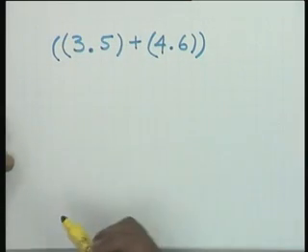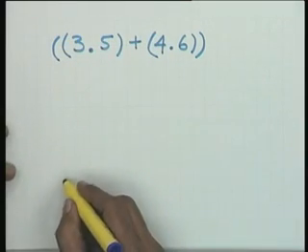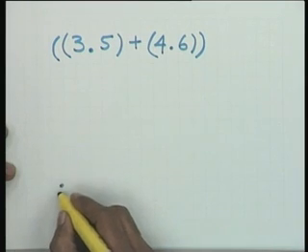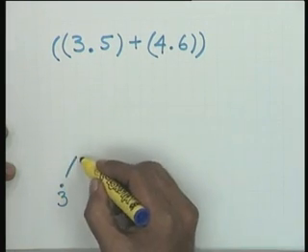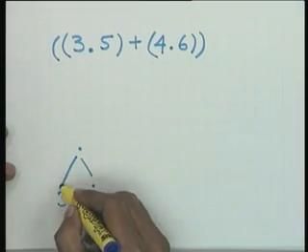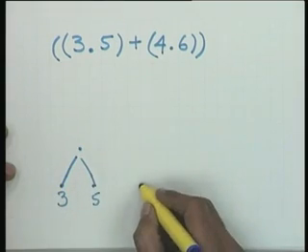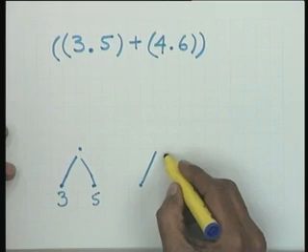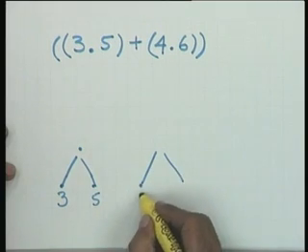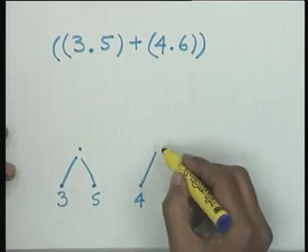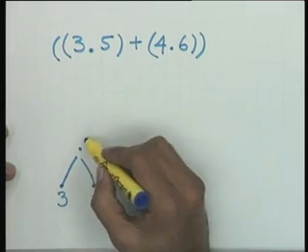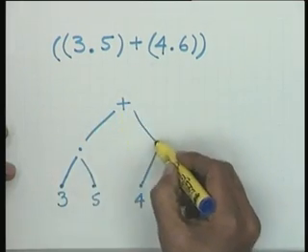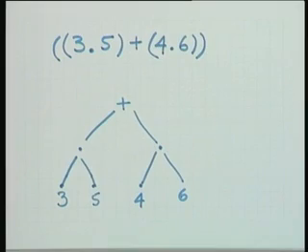So, the abstract syntax tree of this is just the following. You first apply multiplication. You cannot do this addition before doing both multiplications, but it does not matter in which order you do these two multiplications, and then you do the addition, right.